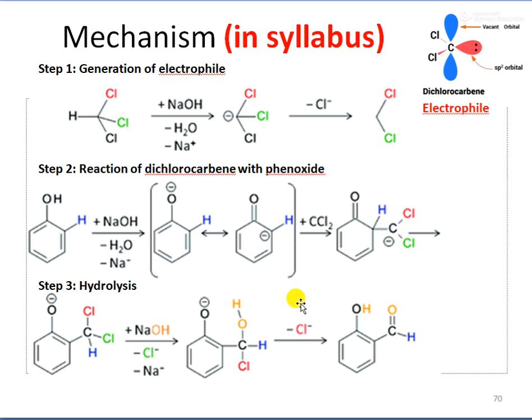It is shifted to the dichlorocarbene's carbon during the reaction, and in the next step this chlorine will leave, and in its place another OH group will come and attack. So in total there are 2 OH groups substituted on this carbon, but this type of substitution is not stable. So this will form an aldehyde, C double bond O, H.